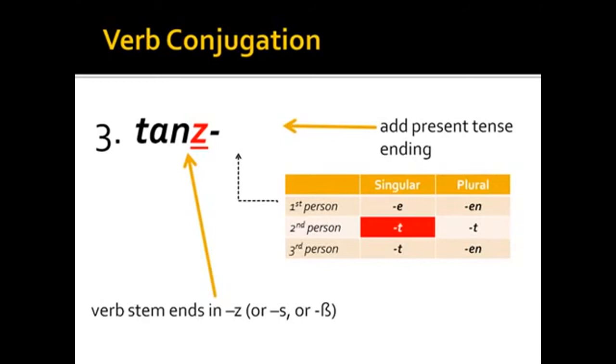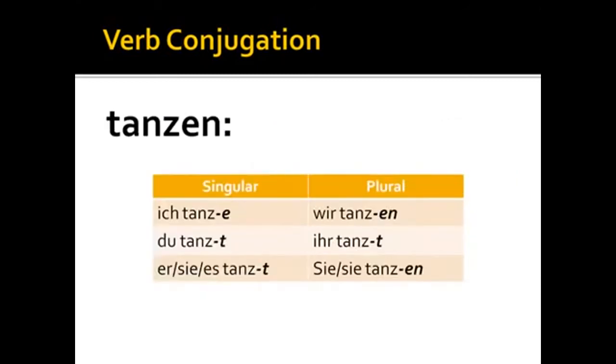The only change that's affected here is the second person singular, du. So instead of du tanzst, I'm going to simply have du tanzt. So we get ich tanze, which is normal, du tanzt, which has the S dropped off, and then everything goes back to normal. Er tanzt, wir tanzen, ihr tanzt, sie tanzen.